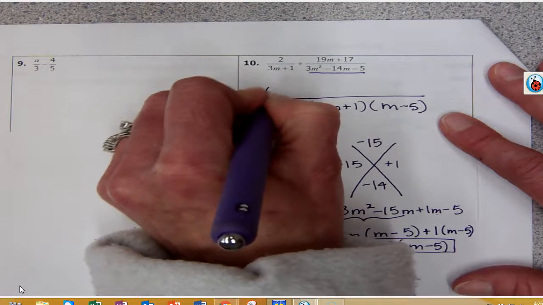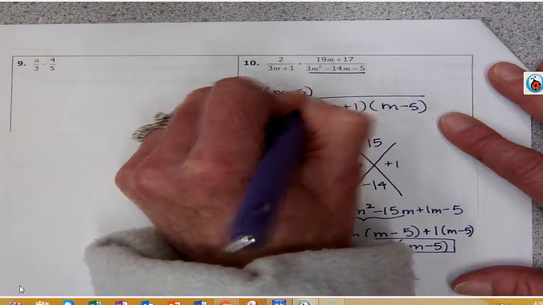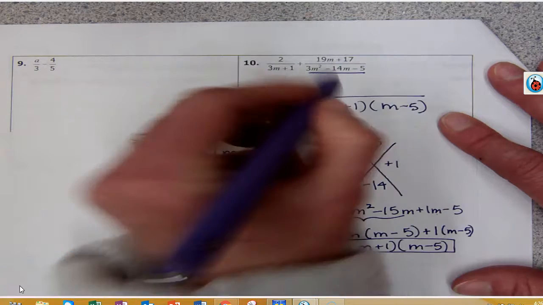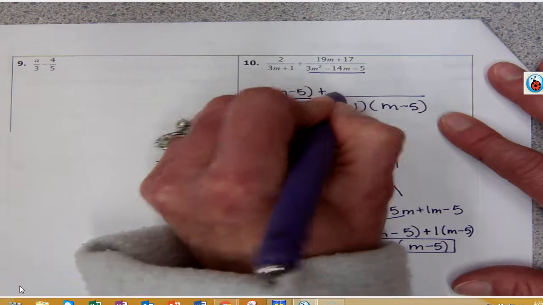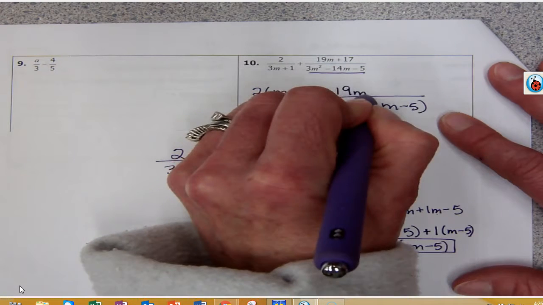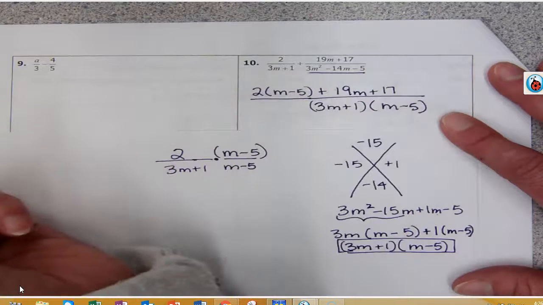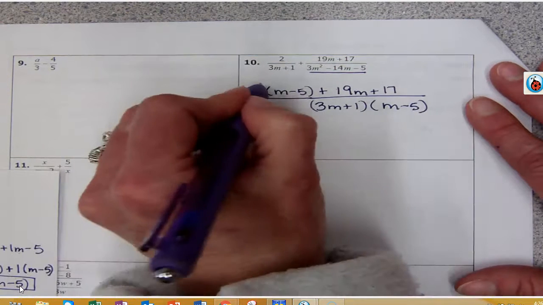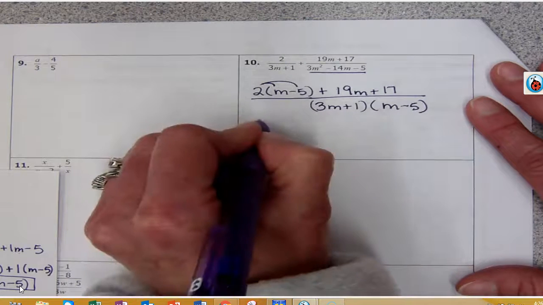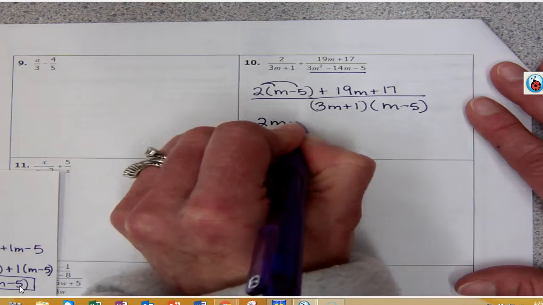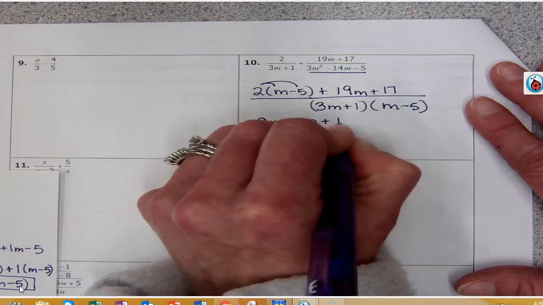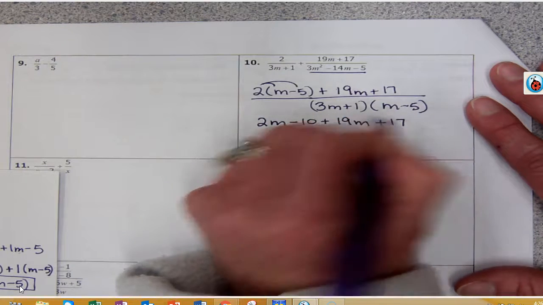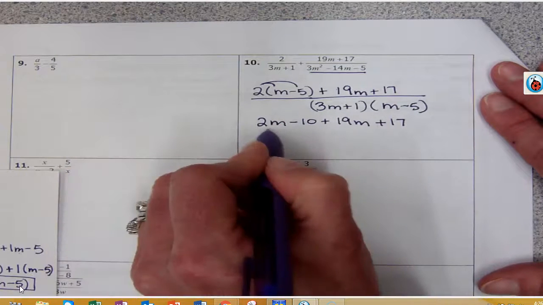So I've got 2 times m minus 5 as this fraction plus 19m plus 17. So when I multiply this out, I'm going to have 2m minus 10 plus 19m, and since I'm adding, I don't need to worry about distributing my negative.